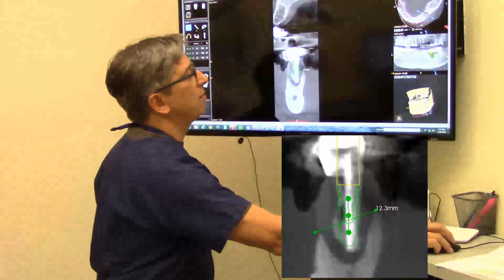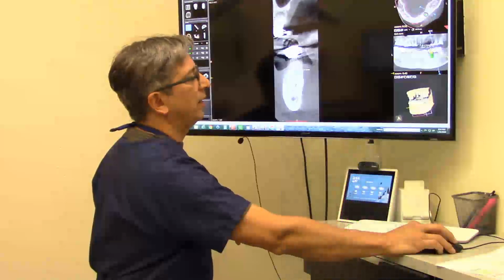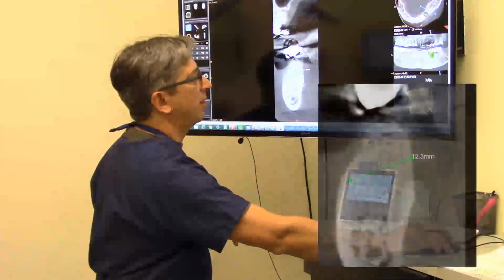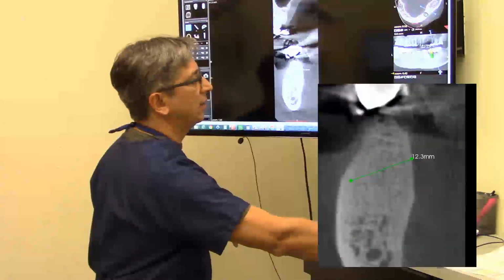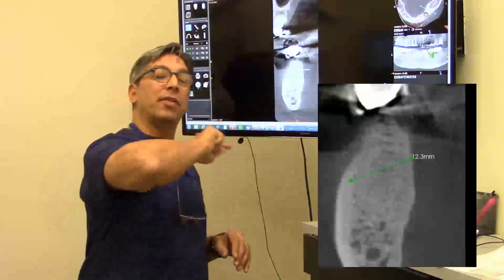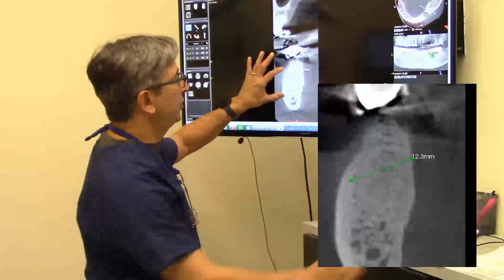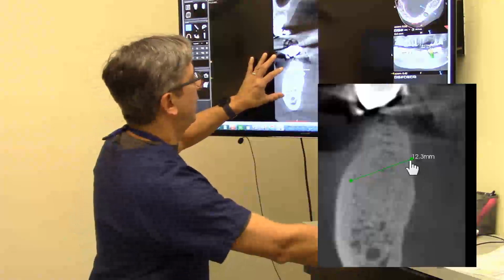Now, the secondary problem, if we go to that edentulous site next door, remember I said the healing capacity is a little bit compromised because we have D1 bone on the opposite edentulous site that's currently there. And you can just see how dense that bone actually is.